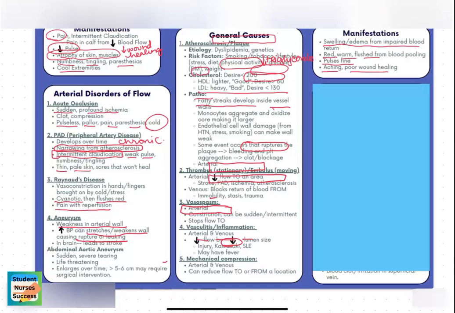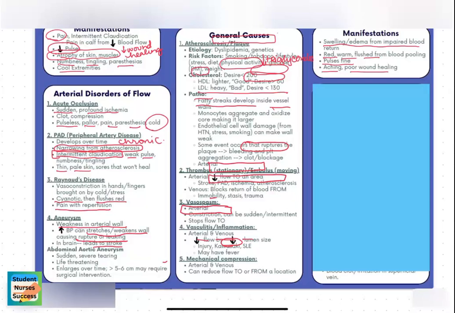If this aneurysm is in your brain and it starts to leak, they will suffer from a stroke. Other areas, it just really depends, but leaking aneurysms, if they're small vessels, may not be a huge problem if it's not in your brain.